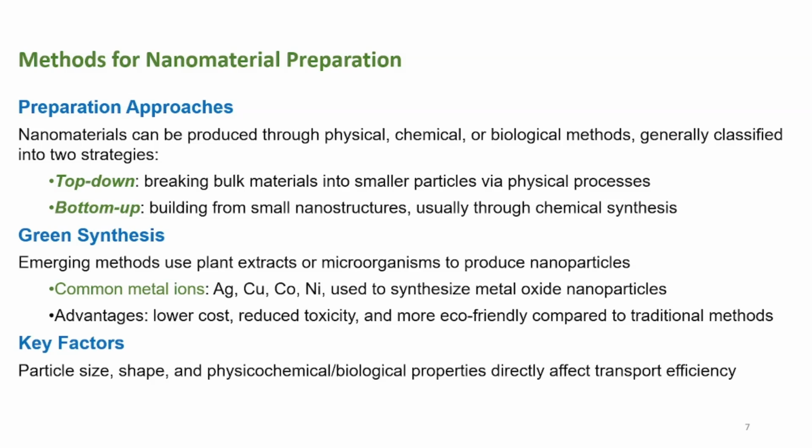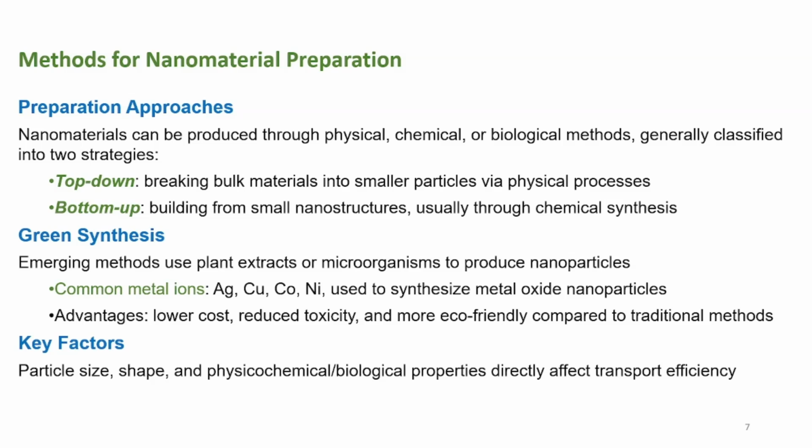Methods for nanomaterial preparation. Nanomaterials can be prepared by physical, chemical, or biological methods using two main strategies: top-down, which breaks bulk materials into small particles, and bottom-up, which builds from small nanostructures, usually chemically.